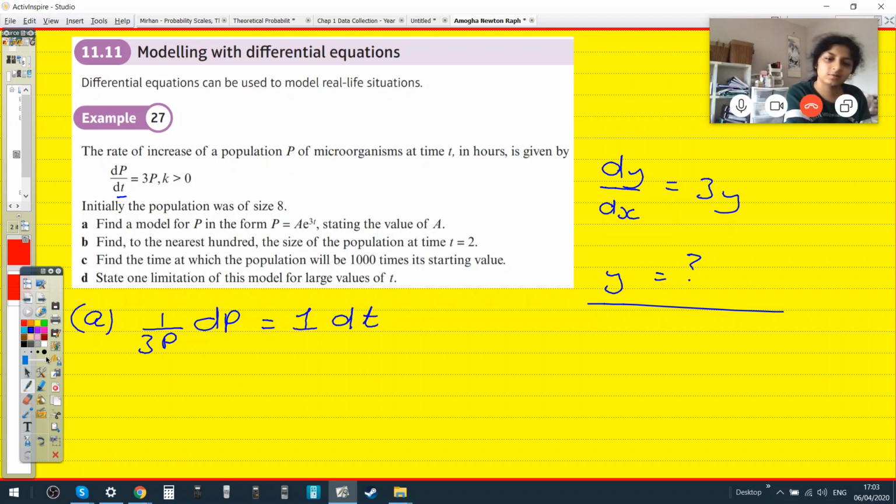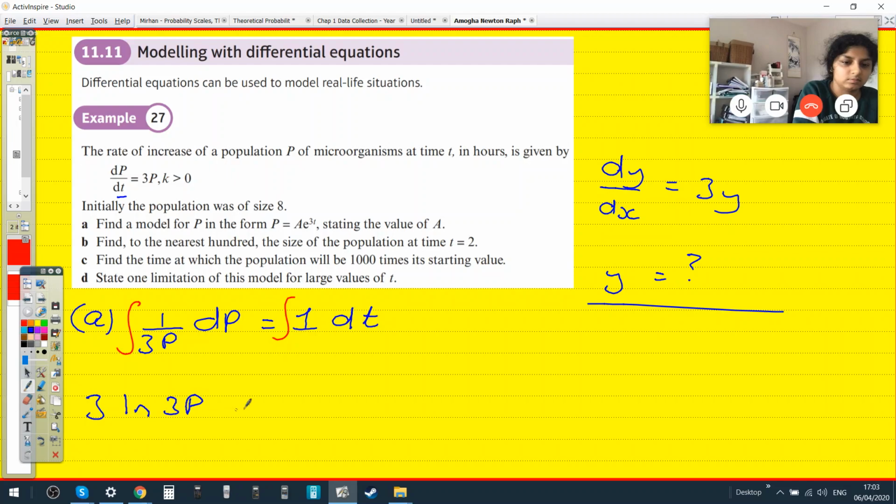Oh, and then you integrate both. So then you have p times ln. Wait, no. Yeah. 1/3 ln 3p. Is it not just 3 ln 3p?